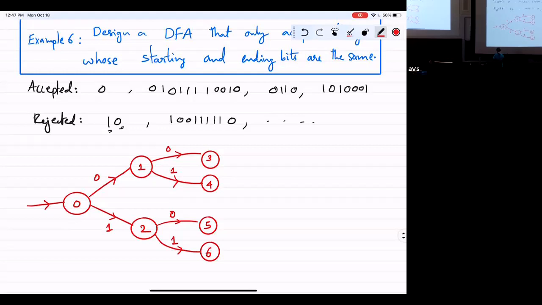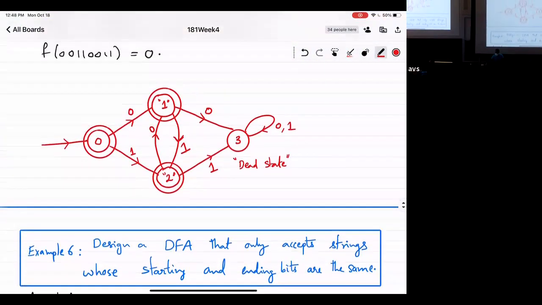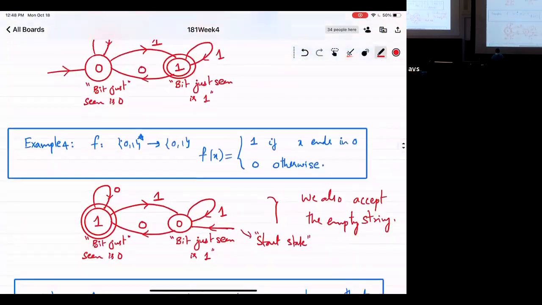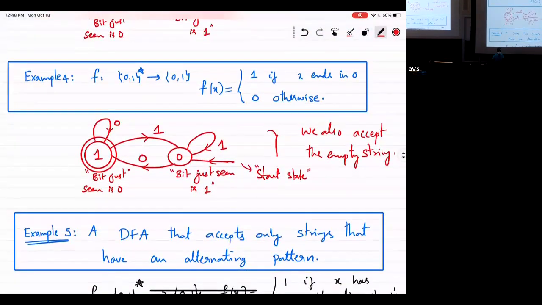I know the first bit was 0, and when I'm reading the rest of the string, the only thing I need to figure out is whether it ends in a 0. But we saw how to compute that using a finite automaton. You read the first bit. If it's a 0, for the remainder of the string, you have to check if it ends in a 0.